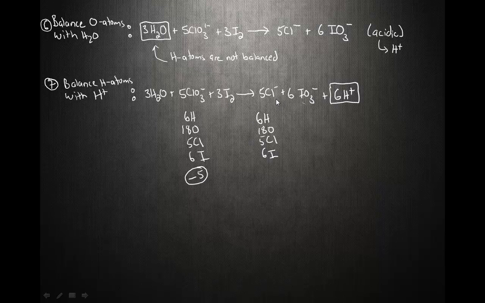On the product side, I've got minus 5, and I've got 6 minus and 6 plus. Well, these just become 0. 6 minus plus 6 plus equals 0. So I've got on this side also minus 5 as my charge. So I've got all my atoms balanced and all my charges balanced. I know that I've done this question correctly.